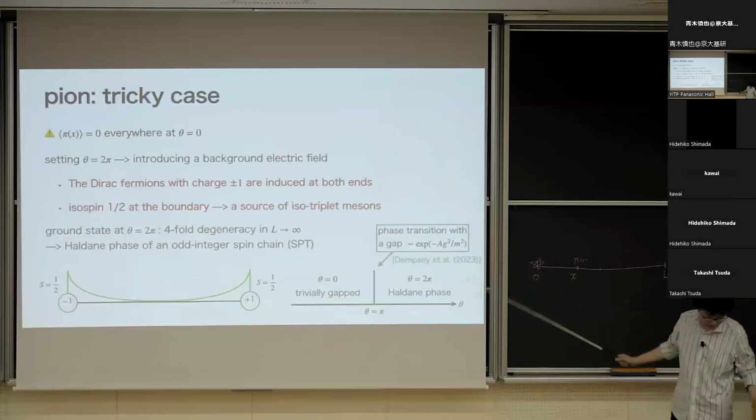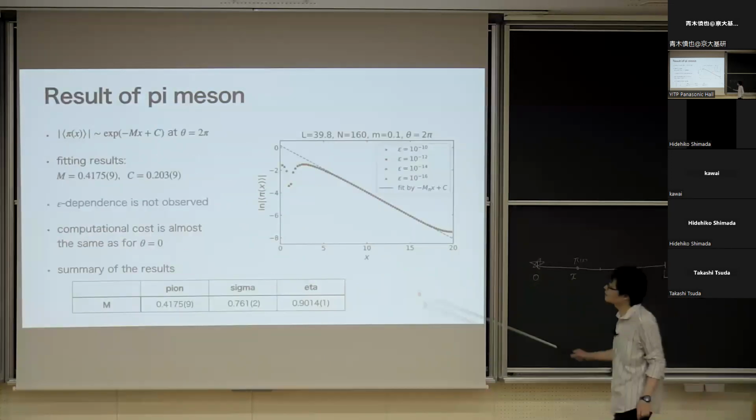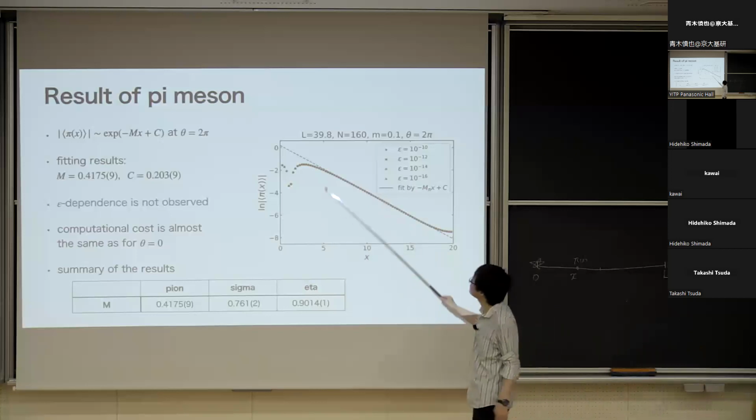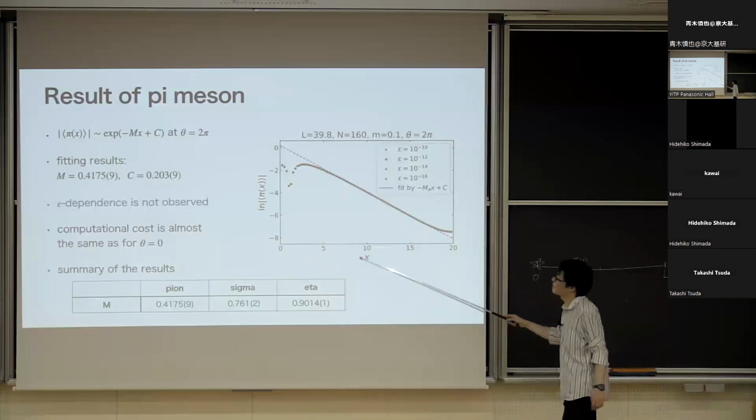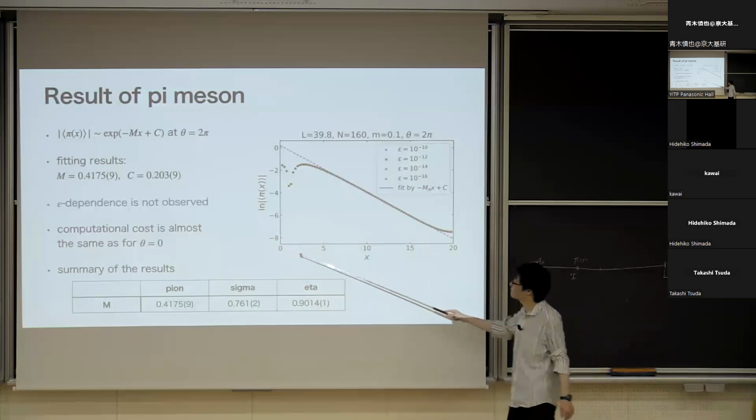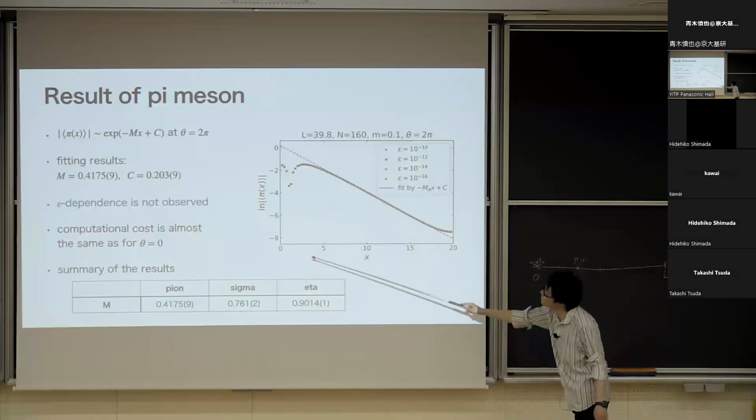So by setting theta to 2 pi, we can perform a similar analysis. This plot shows again the 1-point function of pi versus distance from the boundary.